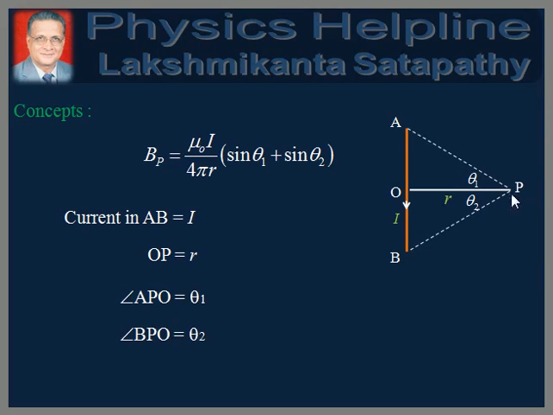The perpendicular distance of the point P from the current wire is equal to R. PO is the perpendicular dropped from P on AB. The angle APO is equal to theta 1 and angle BPO is equal to theta 2.